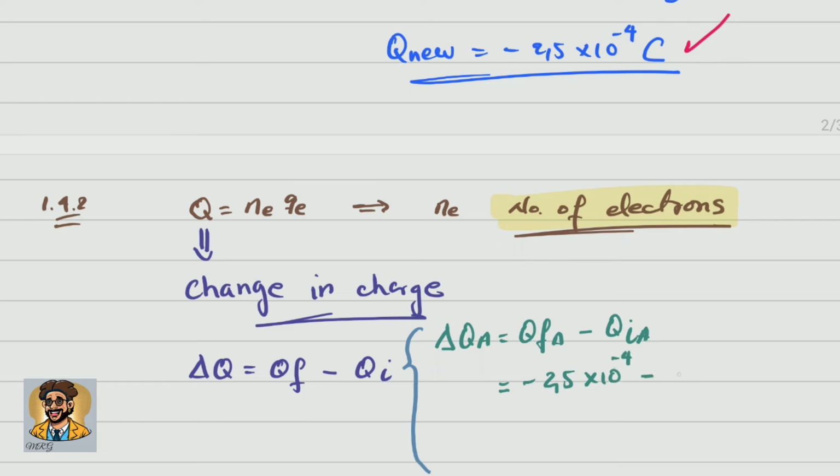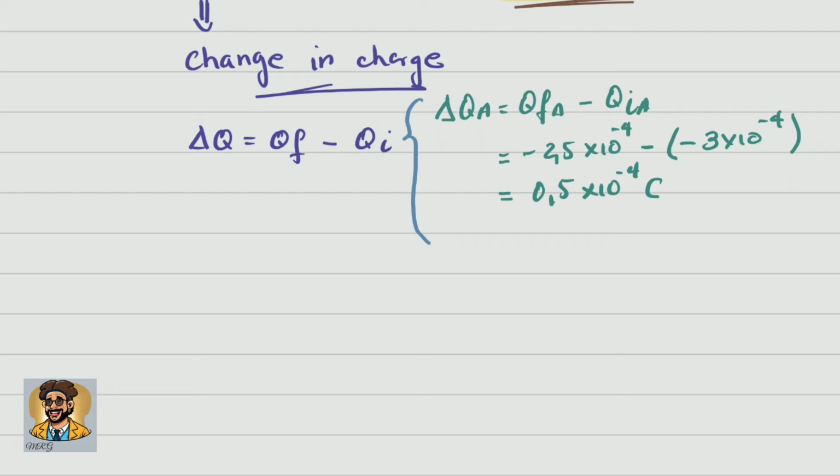And I'm subtracting the initial, which was negative 3 times 10 to the minus 4. Okay, when you calculate this one, you will get that this one is 0,5 times 10 to the minus 4 coulomb. This one is the change in charge A.